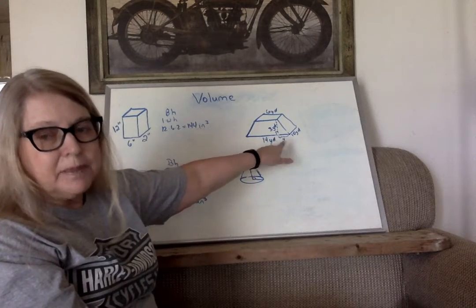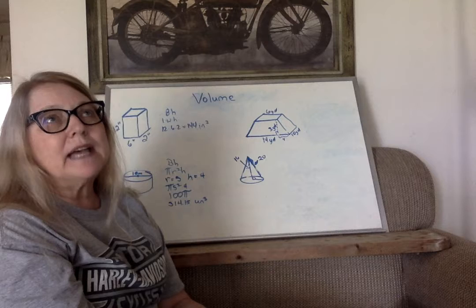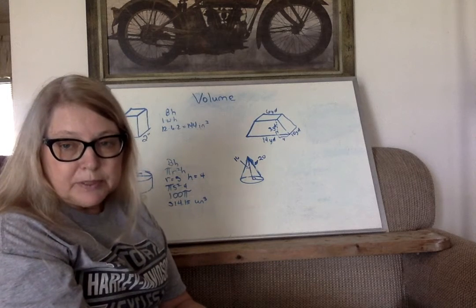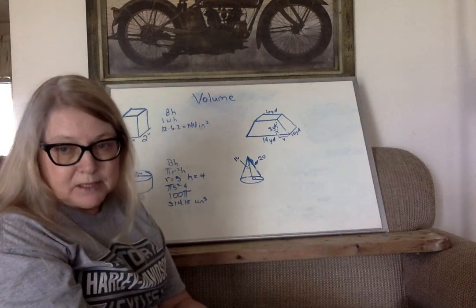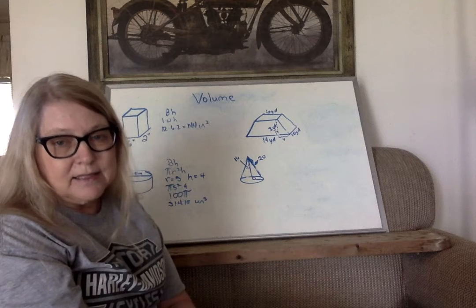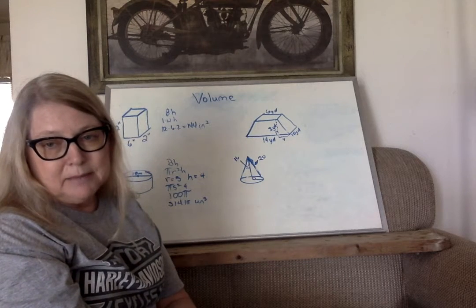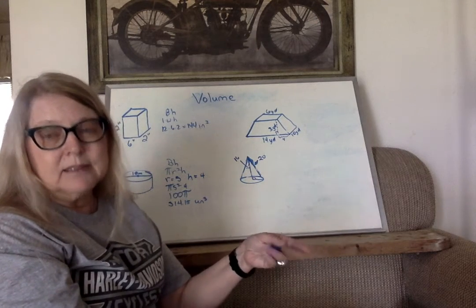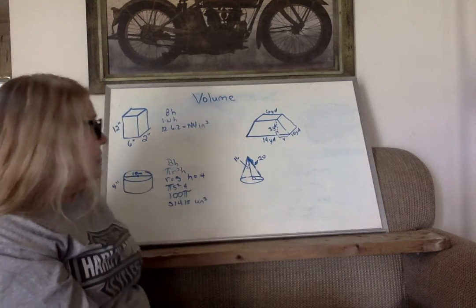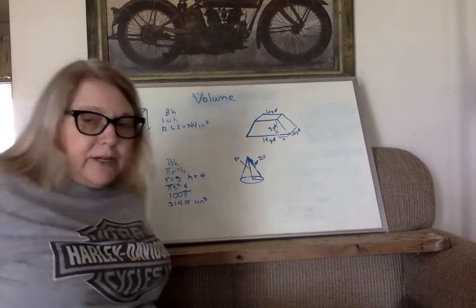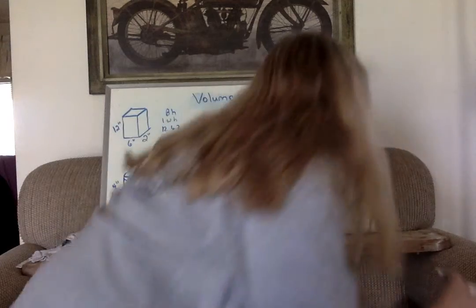Now in both of these, the bases were the top and bottom. In this next shape, it's called a trapezoidal prism. So the trapezoids are the bases. And they aren't on the top and bottom, they're on the front and back. So, again, the formula is just area base times height.